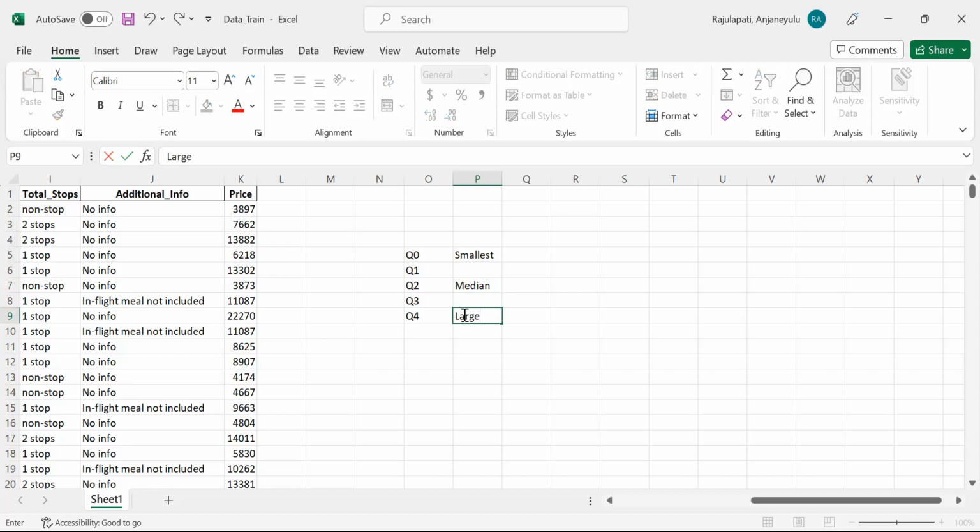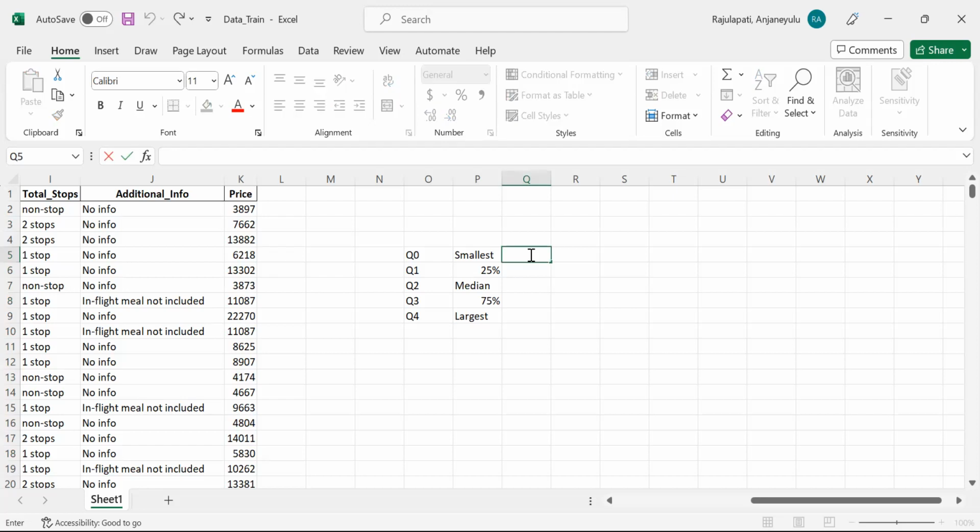Q1 means the 25 percentile of the data: the data that is less than 25%, that borderline we are calling Q1. The data less than the 75 percentile, that border number we are calling Q3.